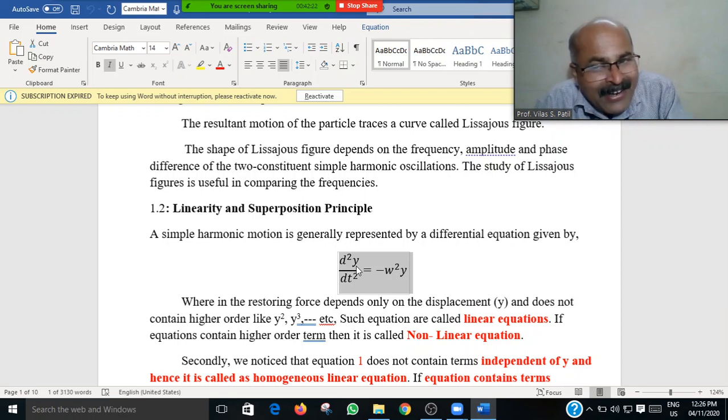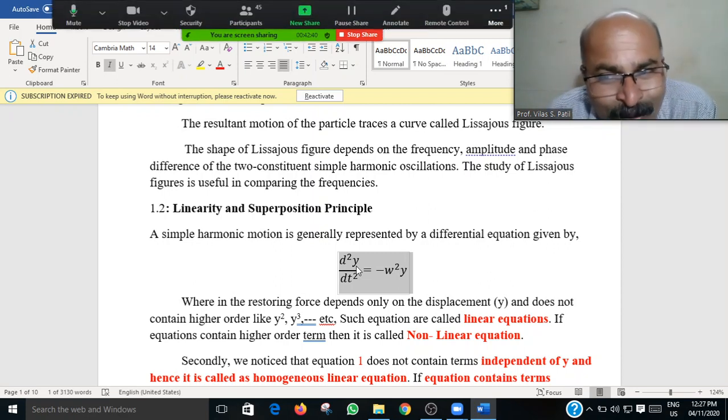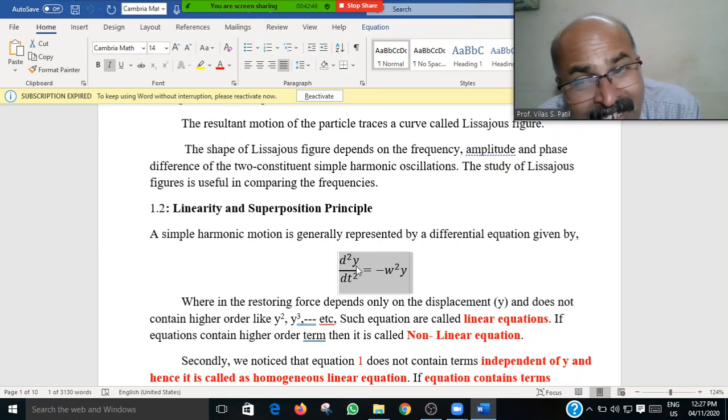When it is linear, the power of y is not higher, that is, y square, y cube, y4 and so on are not present. And if two different solutions are added, and that addition is also a solution of the equation, it is known as a homogeneous equation. Means this equation is homogeneous as well as linear, hence it is known as a homogeneous linear equation.